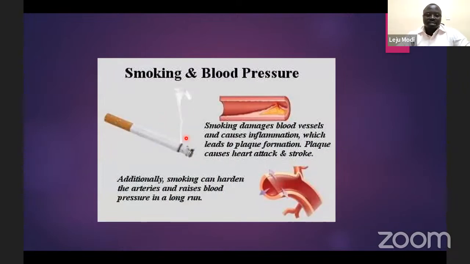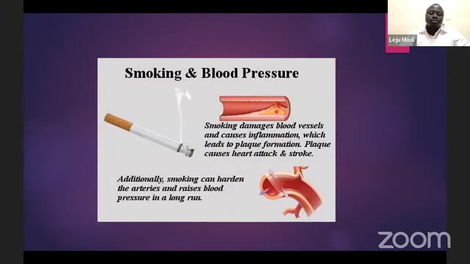And of particular interest, I picked out smoking here and blood pressure, because smoking damages blood vessels. It causes inflammation. If a blood vessel is inflamed, it swells, it tries to respond to the inflammation, and in that process can cause blockage of the blood vessel through the formation of something called a plaque. Okay, so that plaque actually can dislodge.